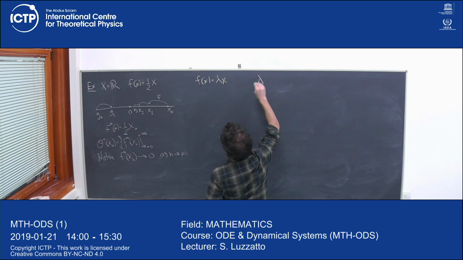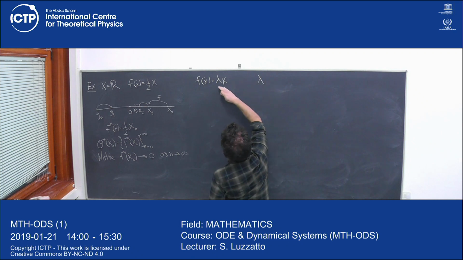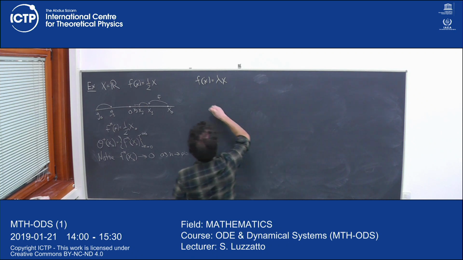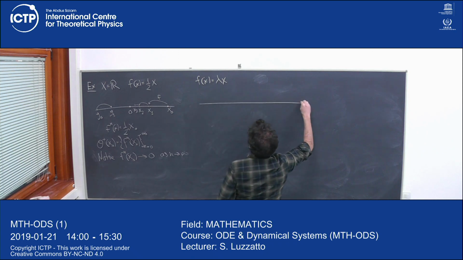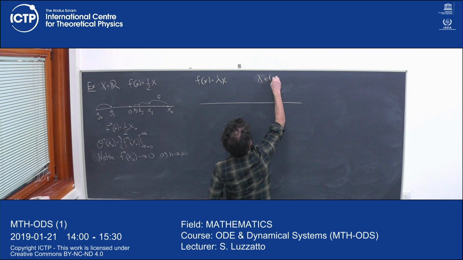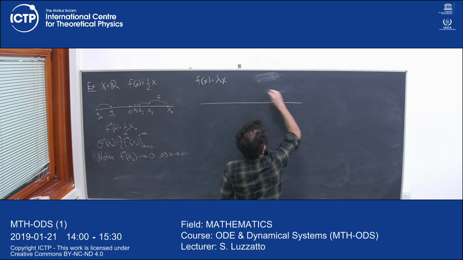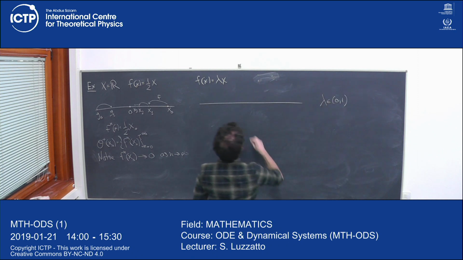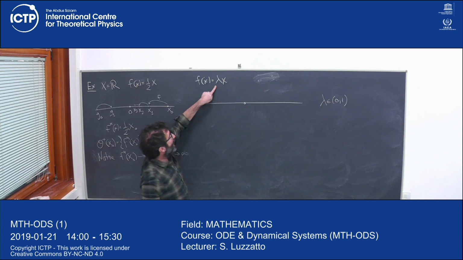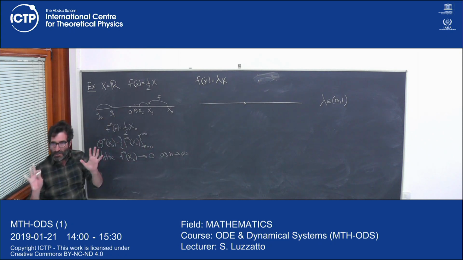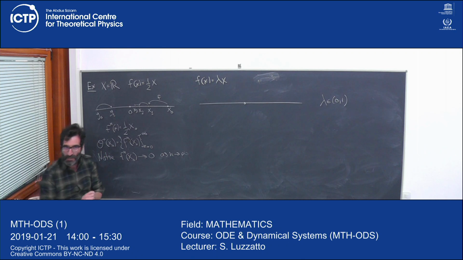Let's take, for example, lambda between 0 and 1. First of all, for any lambda, lambda is a parameter, so each one is a different dynamical system, a different map. We're just studying the different cases.